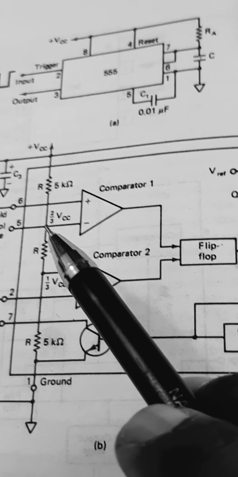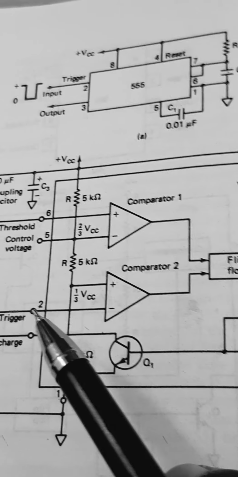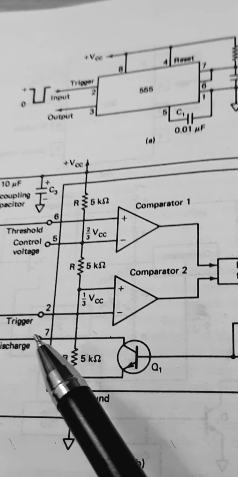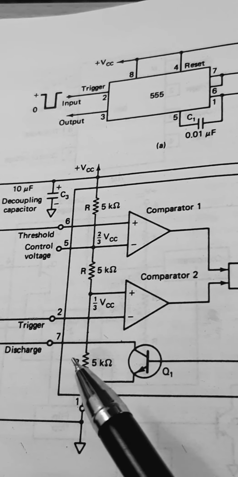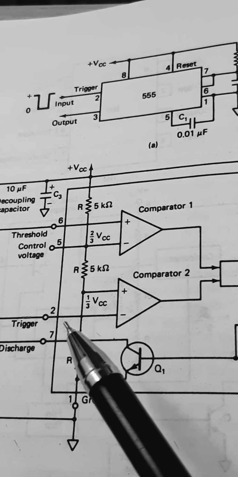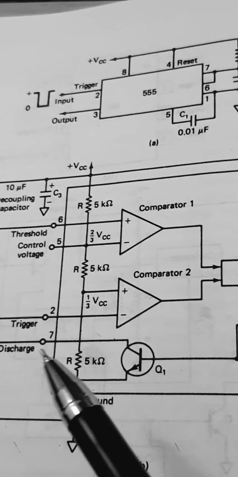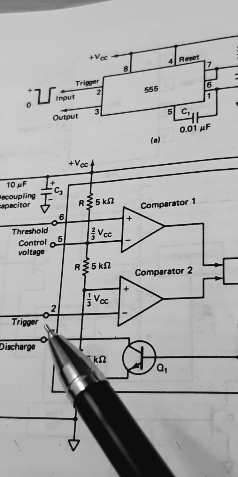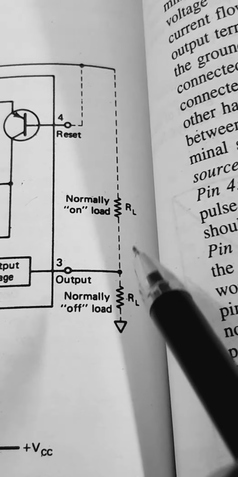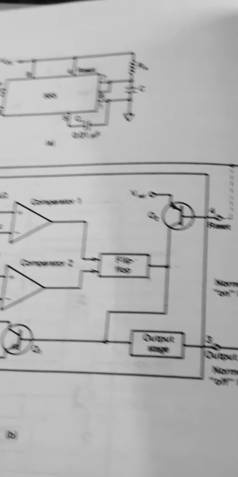So the voltage applied to this terminal changes the threshold as well as the trigger voltage. By imposing a voltage on this pin, or by connecting a pot between this and ground, the pulse width of the output waveform can be changed.